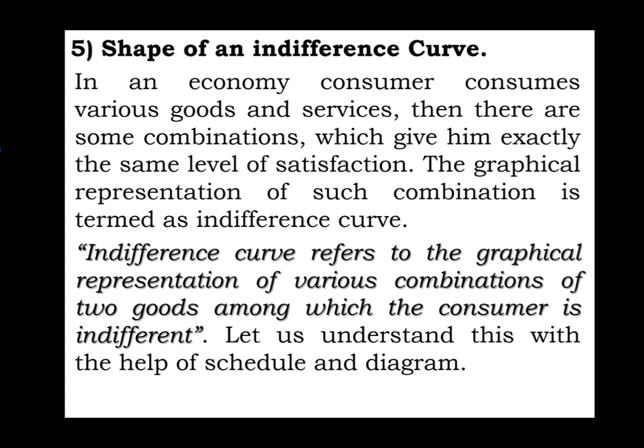So if we show such combinations in a graphical representation, that is nothing but an indifference curve. It refers to the graphical representation of various combinations of two goods among which the consumer is indifferent. Let us understand this with the help of a schedule and diagram.